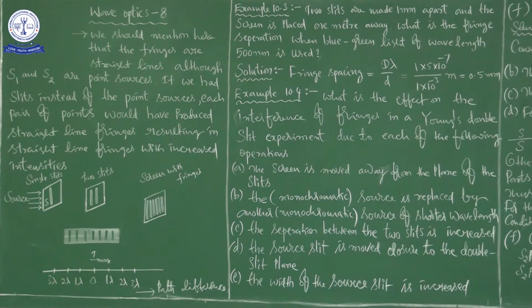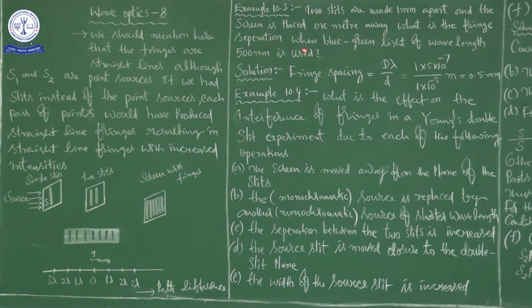Two slits are made 1 millimeter apart and the screen is placed 1 meter away. You know very well what small d and capital D are: this is small d, and 1 meter is capital D.